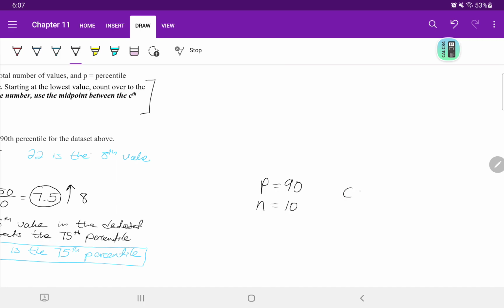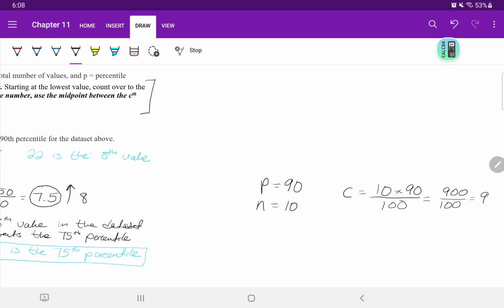So C equals N first, 10, times P, which is 90, divided by 100. 10 times 90 is 900. 900 divided by 100 is 9. My apologies.